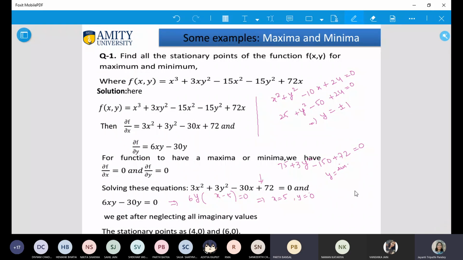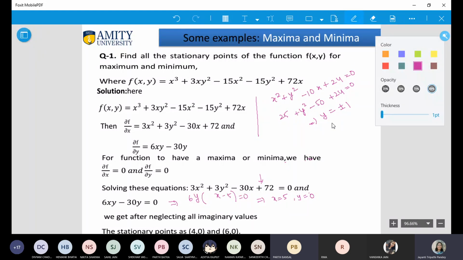Y is plus minus 1. When you have x equal to 5, y is plus minus 1. But when y is 0, that we will check.